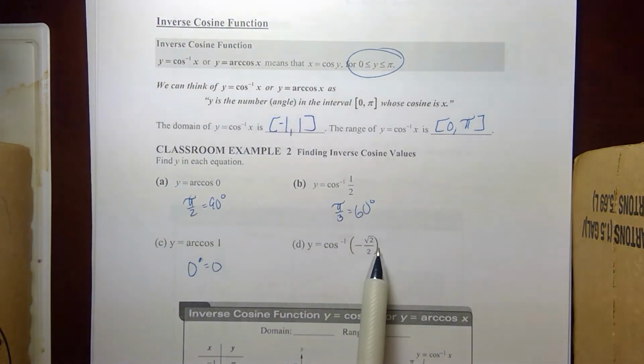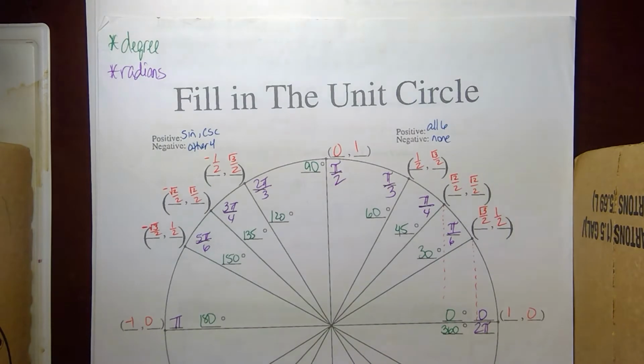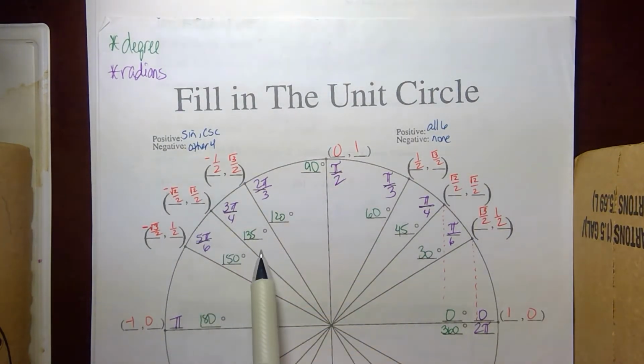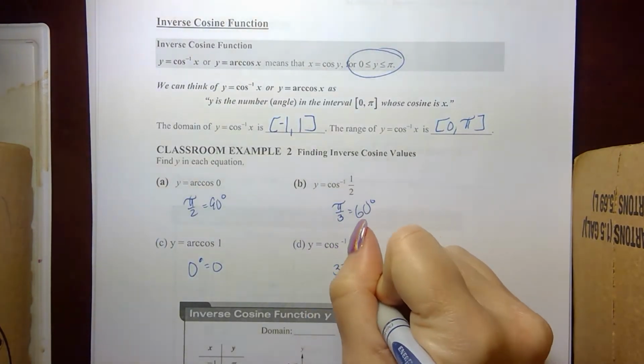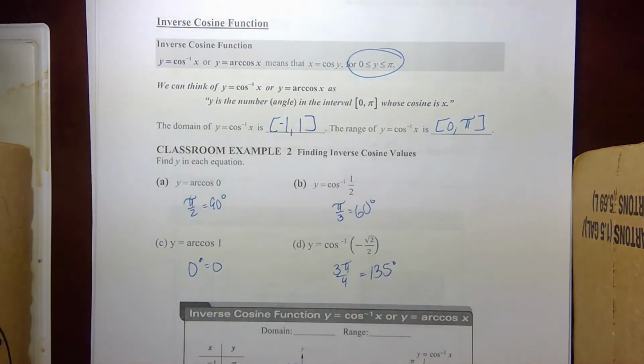Cosine function value of negative √2/2. Well, cosine is negative in quadrant 2. It's also negative down here in quadrant 3, but remember we have restrictions. Cosine is a negative √2/2 at the 45 over here at 135 degrees, 3 pi 4th radians.